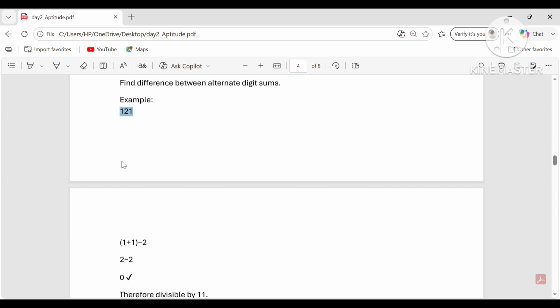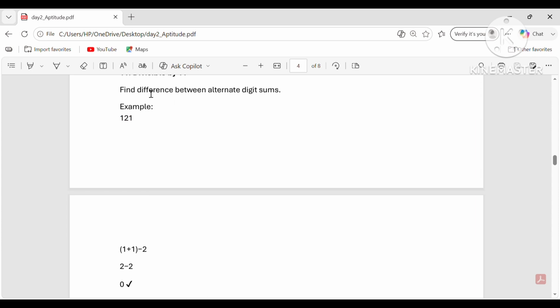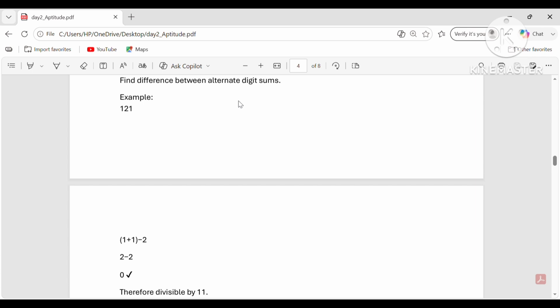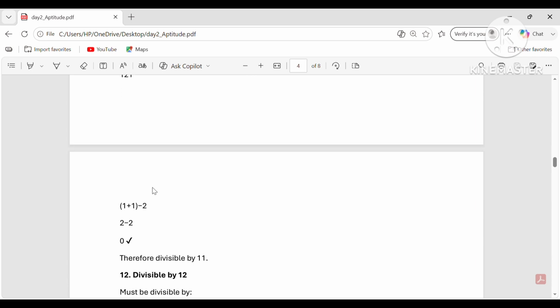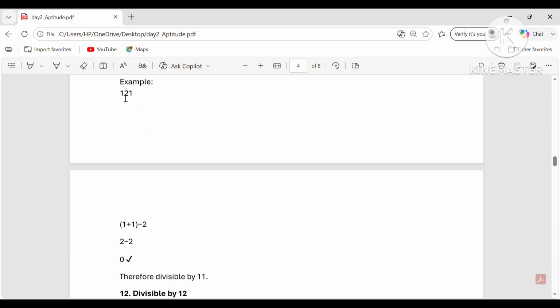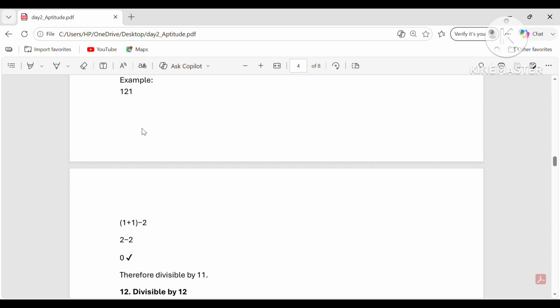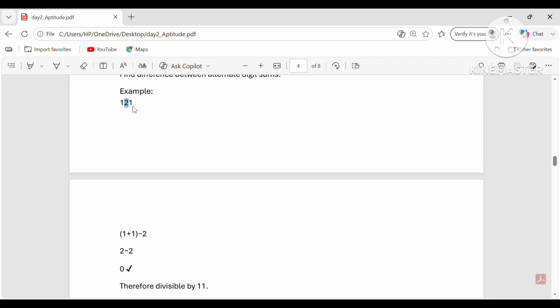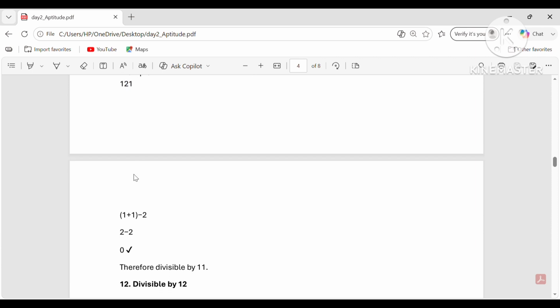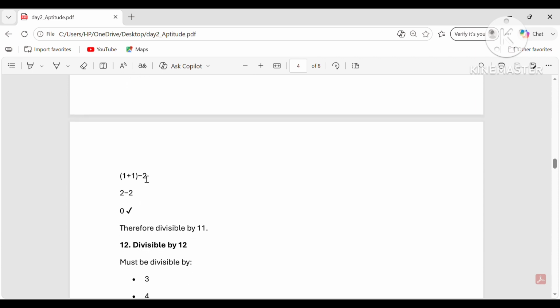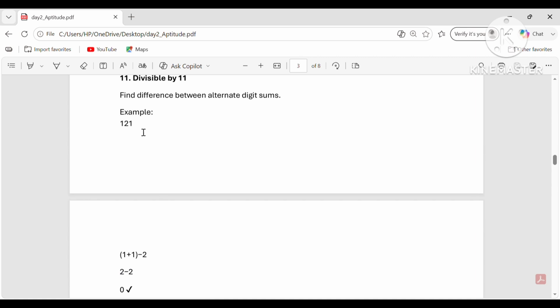And 11 divisibility. Find the difference between alternate digit sums. For example, 121. Alternate means here 1 and again 1 is the alternate. So we got 1 plus 1, the alternate digits sum. That is why 1 plus 1.